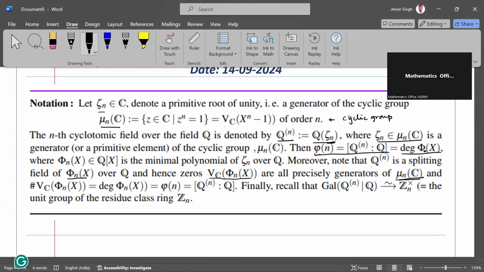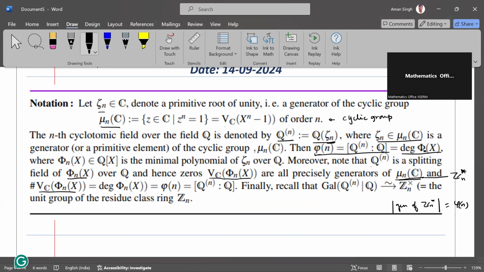And mu n in C is nothing but Z n, and generators of this are the generators of Z n star. The order of this is also phi n. So they are exactly the roots of the polynomial Phi n x.